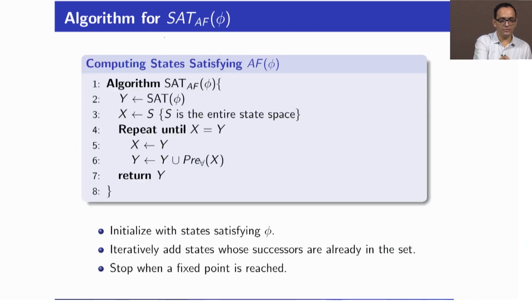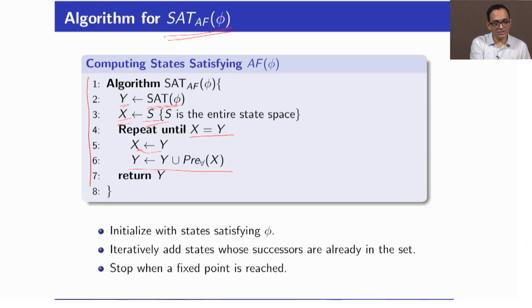Now, AF phi. For AF phi we have to do this algorithm. So, let us see what the algorithm is. I identify the states where phi holds as y, and x is all the states, and then I repeat until x and y are the same. What I am doing is copying y to x, and this is interesting. Then I will identify pre for all of x. What is x?